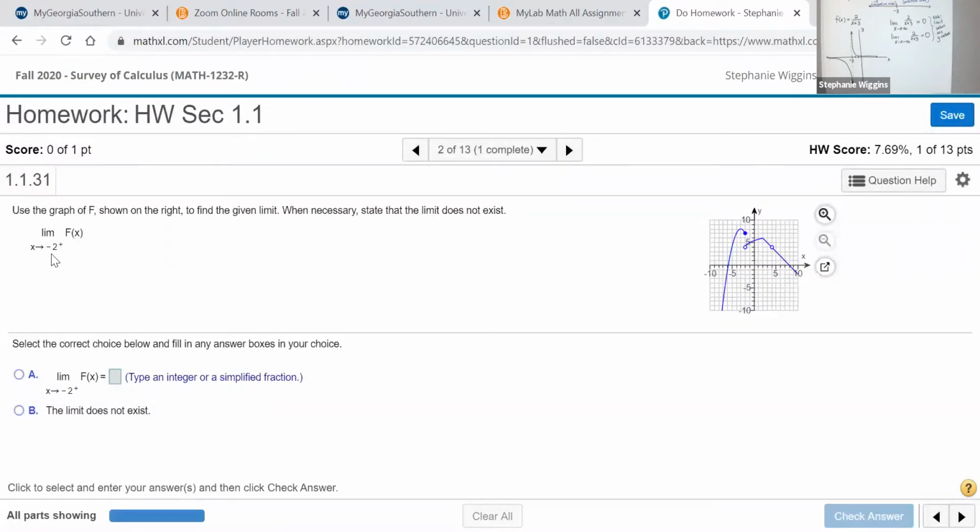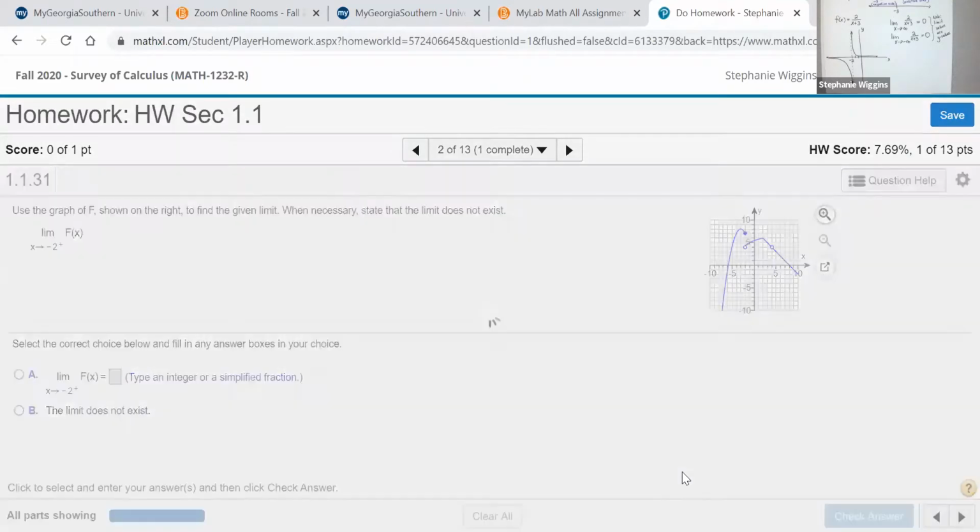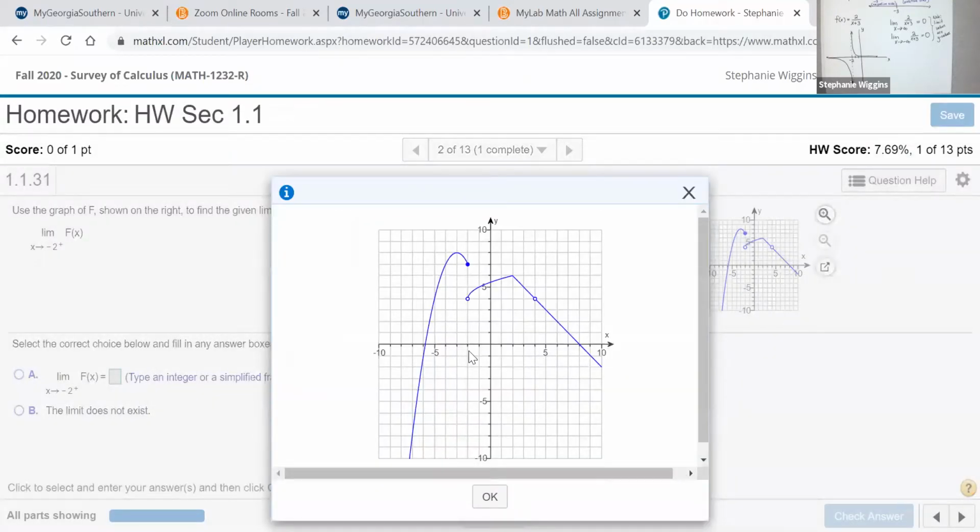Okay, this time we're getting close to -2, but notice this plus sign here that I'm pointing to with my cursor. It is showing me that I'm looking only at the positive side of -2. So when I look at my graph, here is -2 on the x-axis. I'm pointing to that.